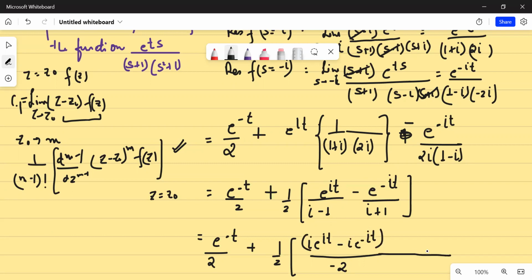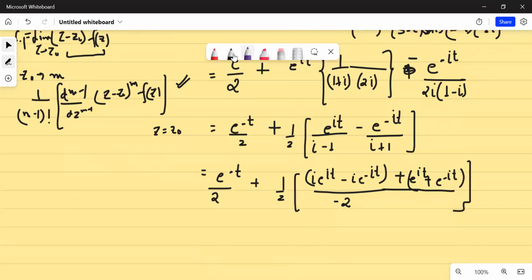This is one thing. And then you have, plus e to the power iota t and plus e to the power minus iota t. Okay, so this is what it is. Now if I solve it somehow, I will get e to the power minus t upon 2 plus 1 upon 2.